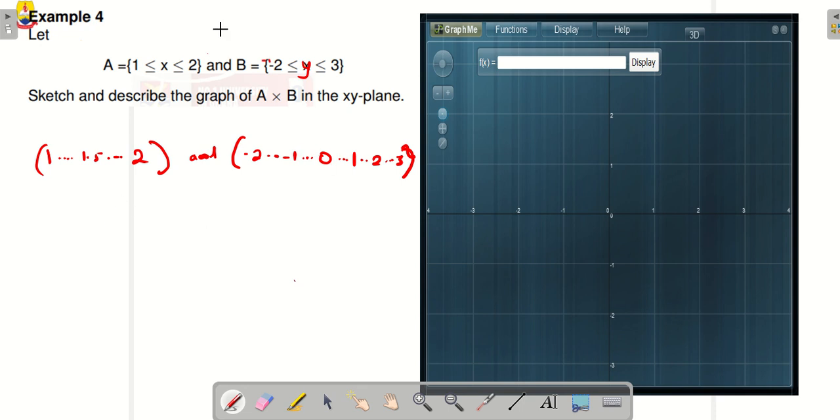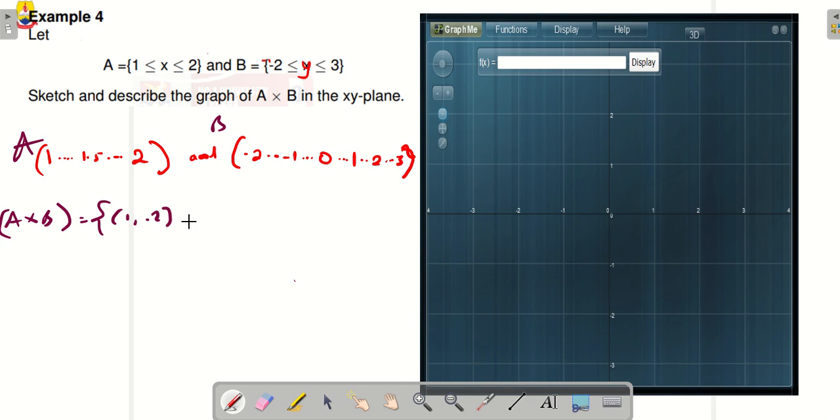So if I want to pair this using the Cartesian product A and B, let's say this is our A, this is our B. A cross B is going to be infinite. So we can have a point like (1, -2) as one of the points.